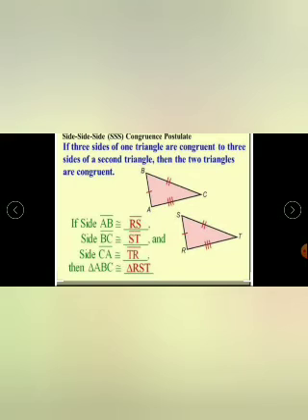So, according to these corresponding sides, we can say triangle ABC is congruent to triangle RST. From the name itself you can see AB RS, BC ST, AC RT. In that way the naming should be correct.